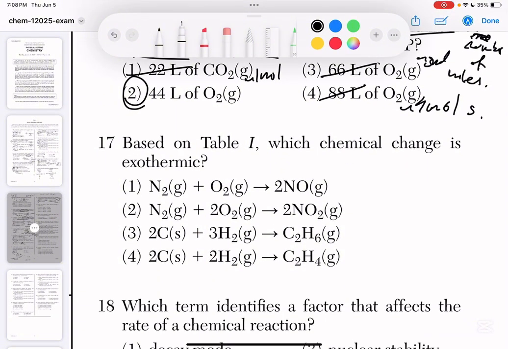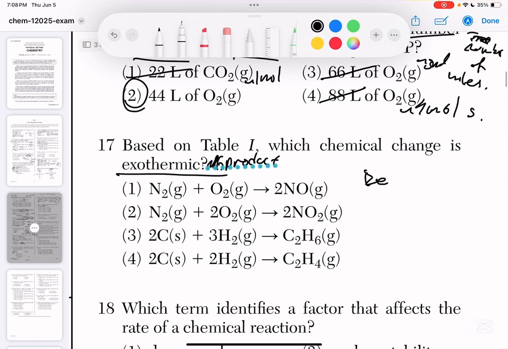Based on Table I, which chemical changes are exothermic? So for this one, you would just look for the one that has energy or heat as a product. Oh, there's a key on the bottom. It says a minus sign indicates an exothermic reaction. So exothermic reactions release energy.